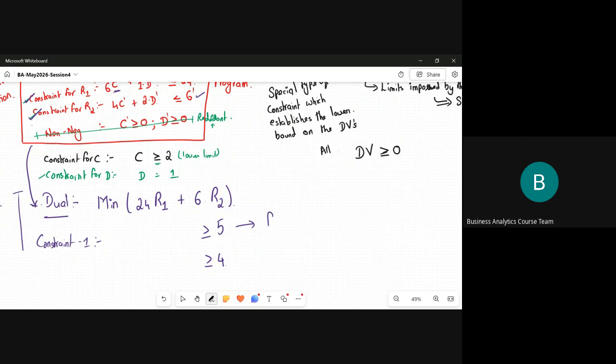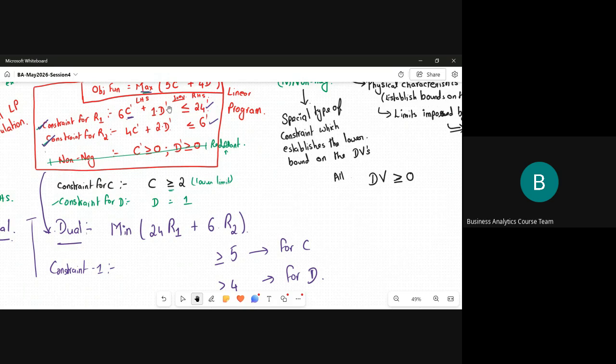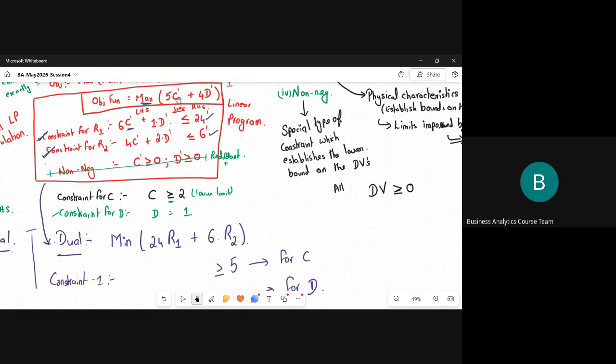So this is going to be for C. This is going to be the constraint for D, dolls. Now look at this. What are we telling? For C, I make a profit of 5 by consuming raw materials.